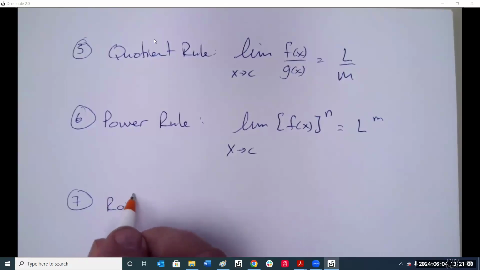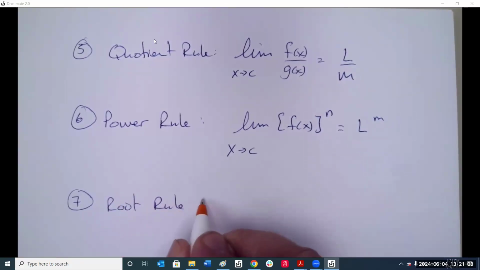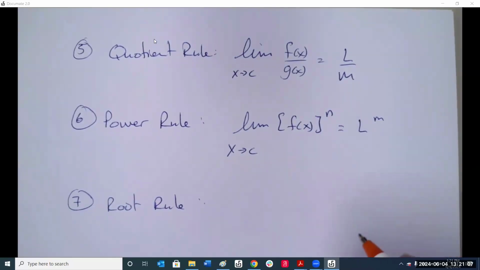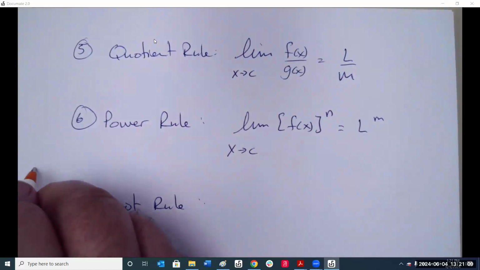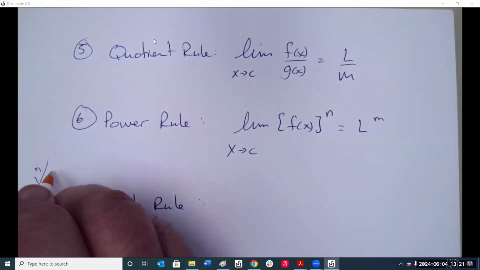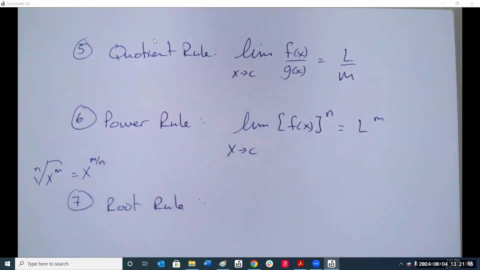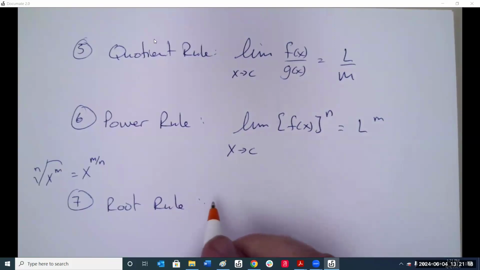And same thing for the root rule. But if you think about it, the power rule and the root rule are the same thing, because the nth root of x is an exponent. So it really doesn't matter.